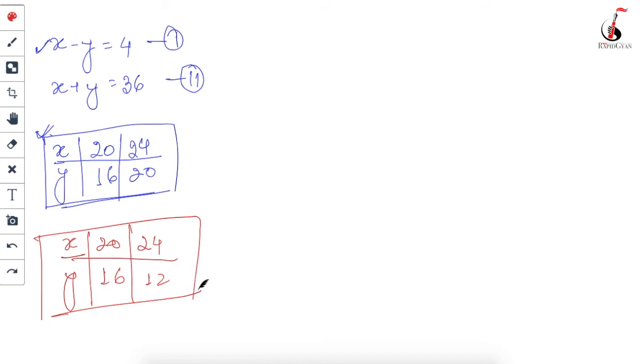Now what will I do? I will have to draw the graph. Let me draw the x-axis and y-axis. This is your y-axis, this is your x-axis. Some of you might be surprised why in every question I was taking smaller values, but in this case I am taking larger values.